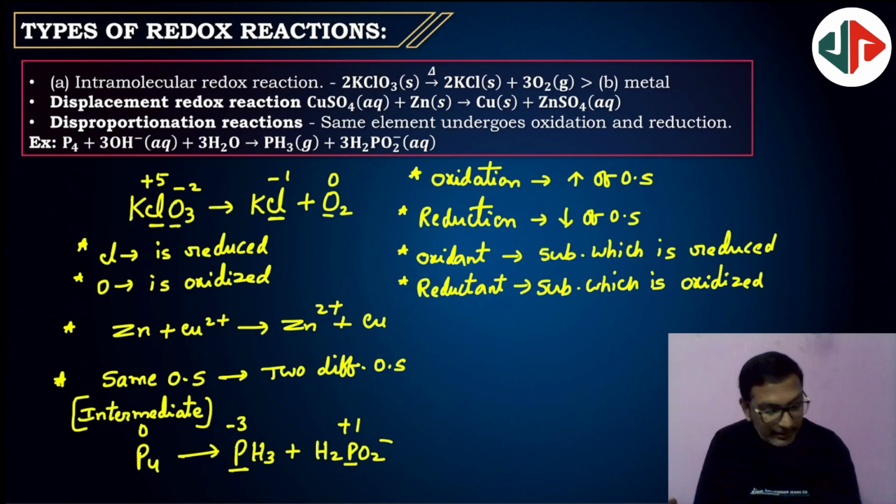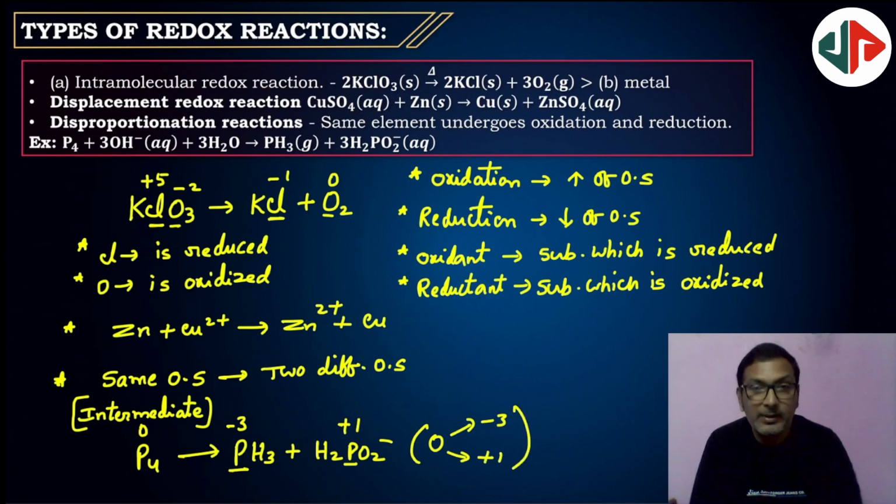Or here a single oxidation state is converted into two different ones. That means 0 will be divided into -3 and +1 in this way. This is the basic skeleton of disproportionation.